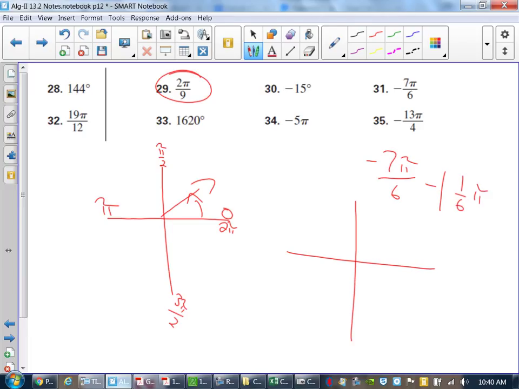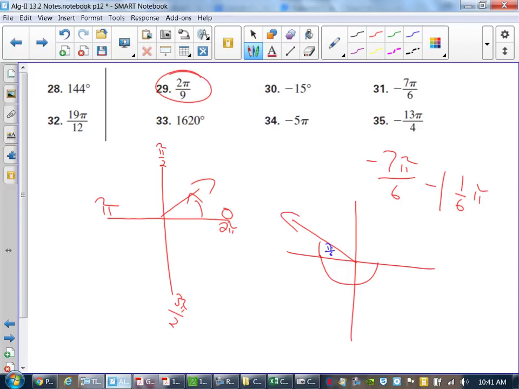This is, again, one of the very few occasions that mixed numbers make any sense whatsoever because it's very easy to count this way. So if I'm going to -1, I start at 0. Here's -1 pi. And now I have to go up how much off of this? A sixth. Because this would be half, it would be 1/4. You just think of it that way. So remember, you came up pi over 6 off of the x-axis.